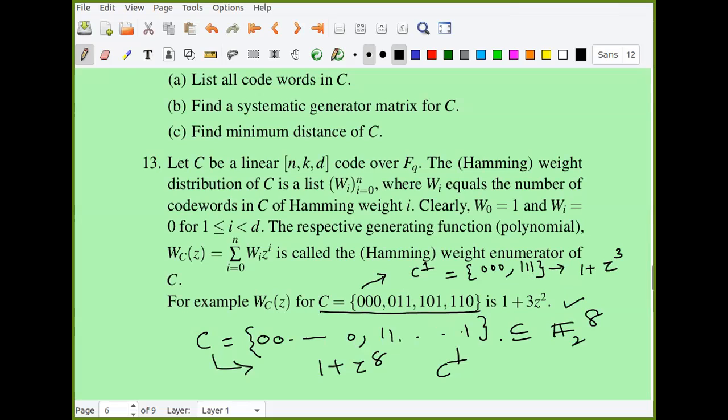So I'm asking in general. Here I gave C and C perp. Now I gave C, and C perp is the other one. Am I clear?